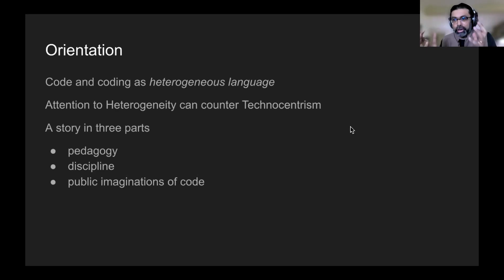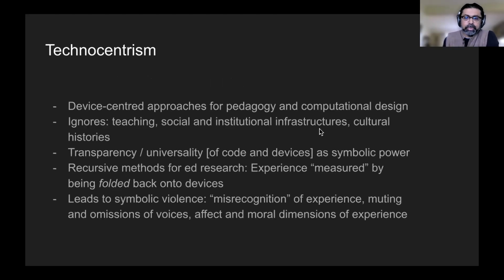In a Piagetian sense, it's the ideas that remain invariant across transformations. What are some of the invariant cores that we have taken for granted in computing, and how might they need to change? And then the third part is going to be public imaginations of code.